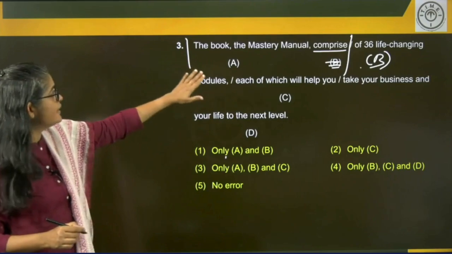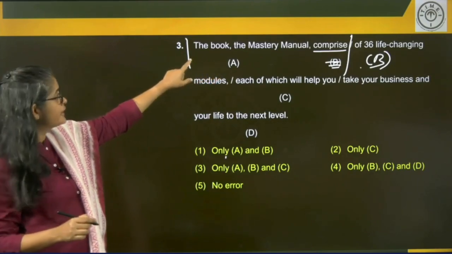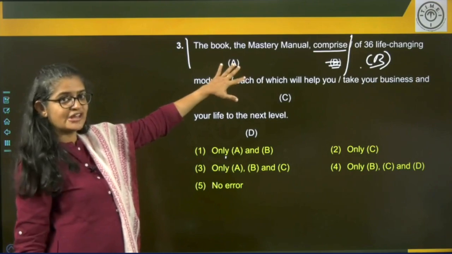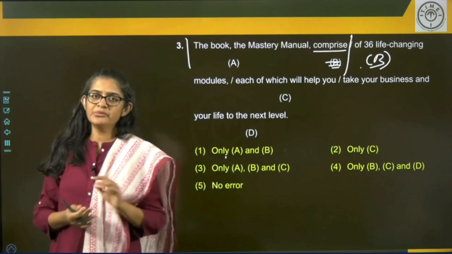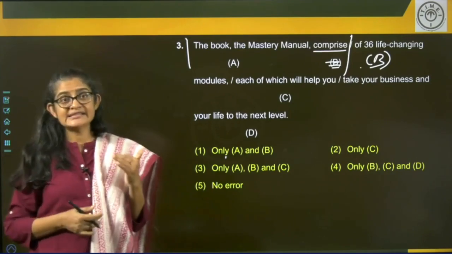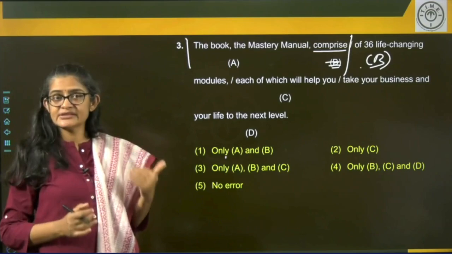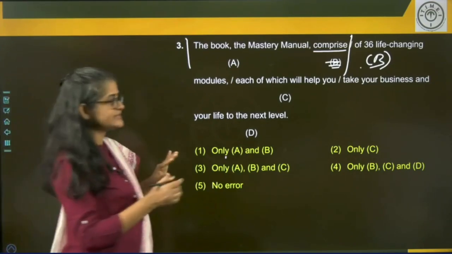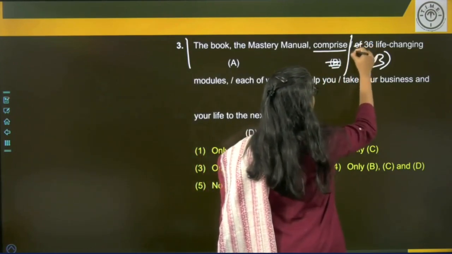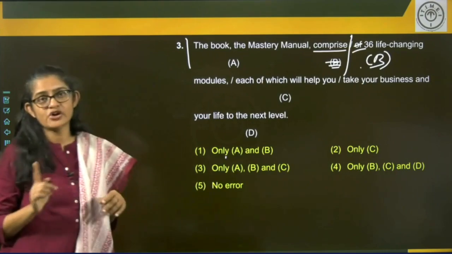So now let us read on. Comprises, we have changed that, of 36 life changing. This is a very, very common mistake that we make. Comprises of. It is not comprises of. Comprises 36 life changing modules. Consists of is fine. Comprise of is not fine.